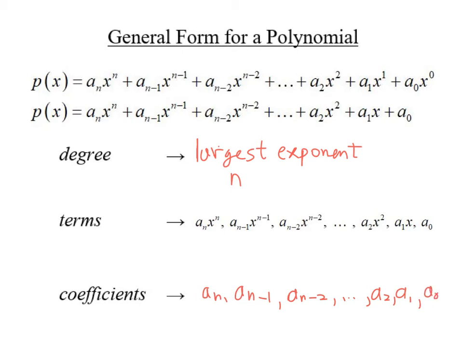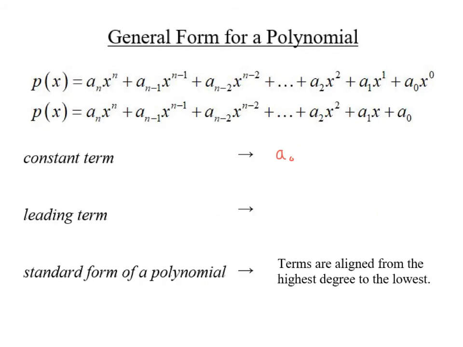It is multiplying x to the 0, but it also has a special name, as we will see. Yes, indeed, a sub 0 is what's called the constant term, right? It's the one term where the variable does not necessarily show up, okay?